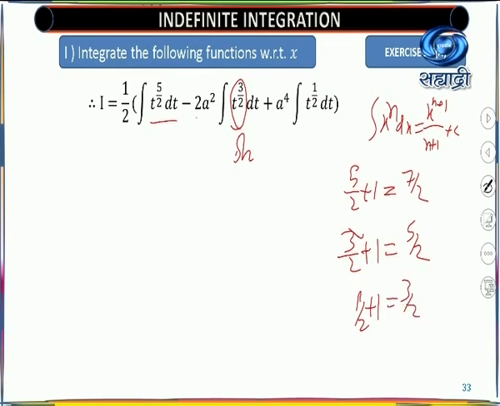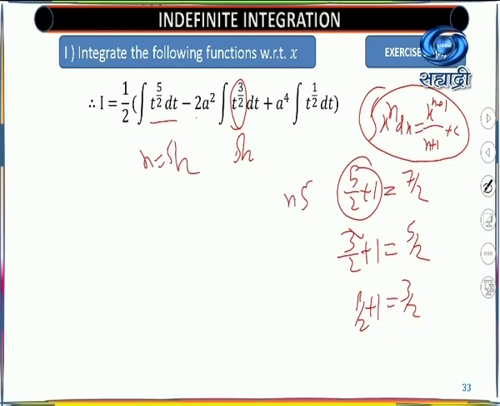Okay, so this way, n plus 1 every time we are calculating. n is 5 by 2 here, so n plus 1 gives 7 by 2. If n equal to 3 by 2, what value you will get as n plus 1? That is 5 upon 2. If n equal to half, what value you will get for n plus 1?